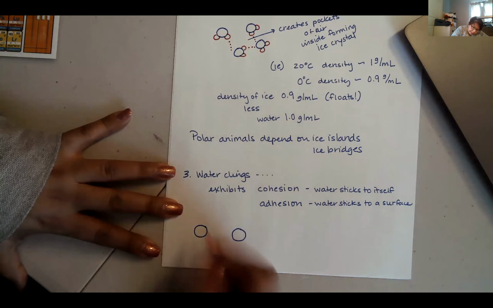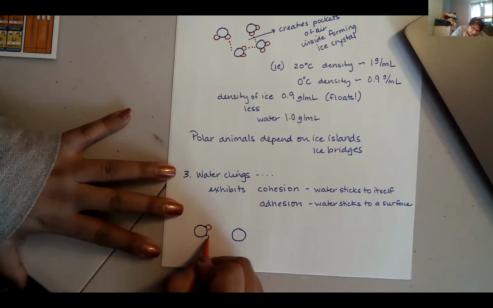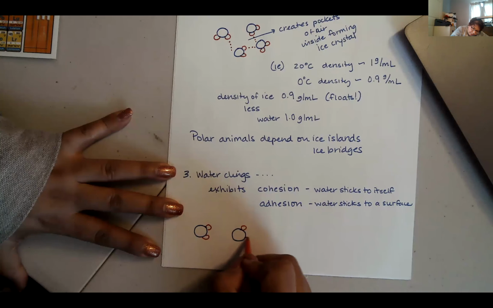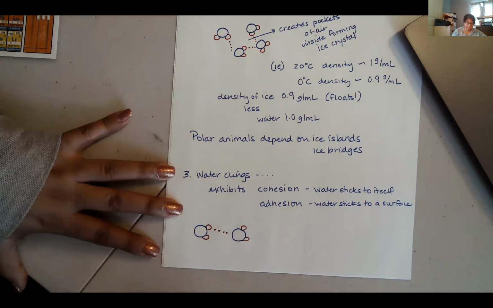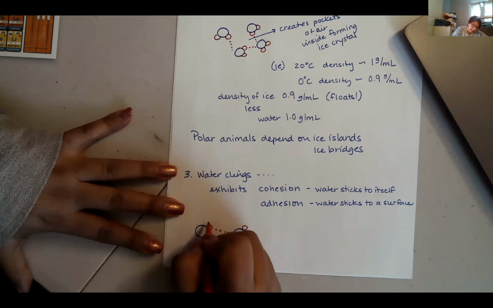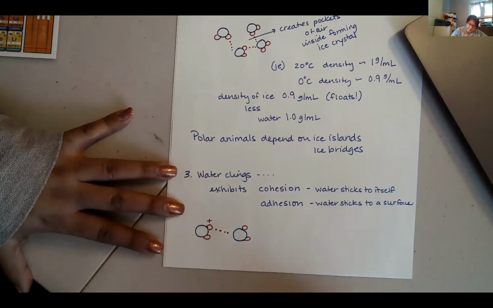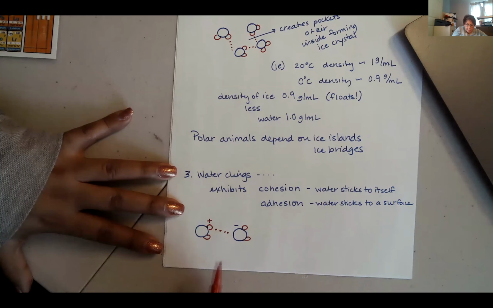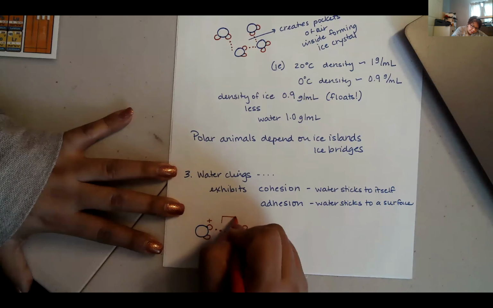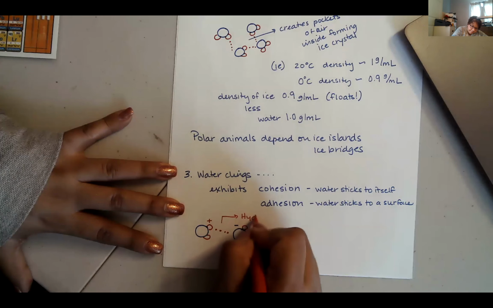We'll simplify our diagram here. We'll just draw two molecules. Between the hydrogens that are slightly positive and the oxygen that's slightly negative, you have a force right here, and that force is referred to as a hydrogen bond.